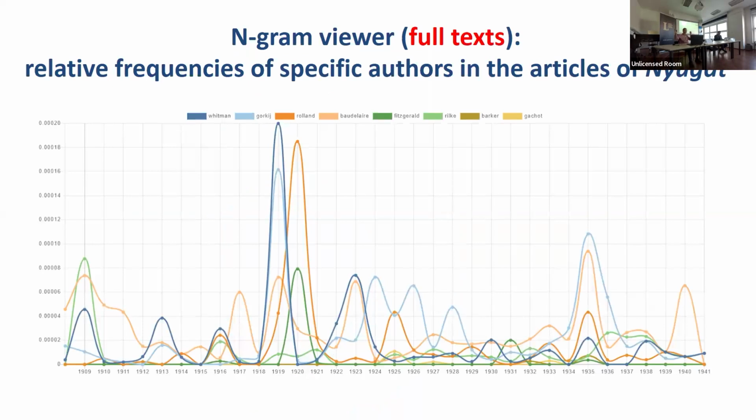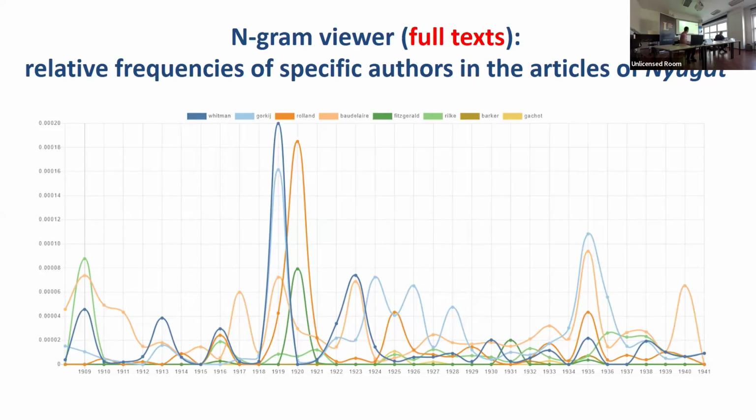Then comes the combination of metadata and full text analysis. Let's see what the full text analysis reveals. We can use, for example, the Ngram viewer in AVOBMAT. I search for the same authors in the data set. You can see again Whitman or Gorky, basically, and Fitzgerald in the 1920s.